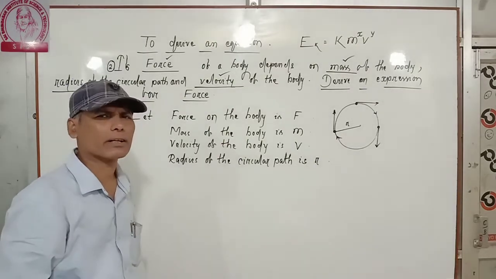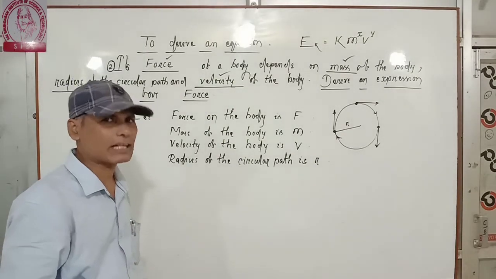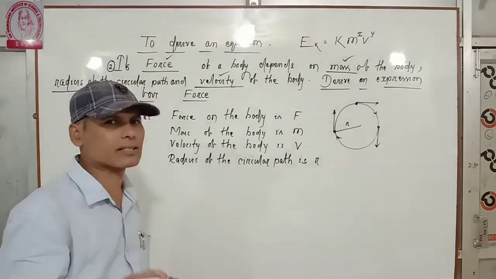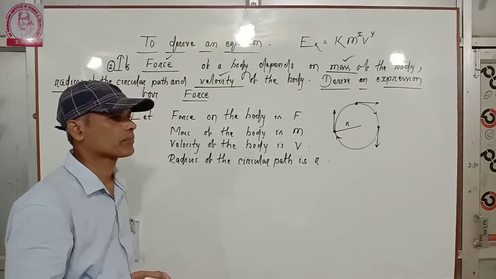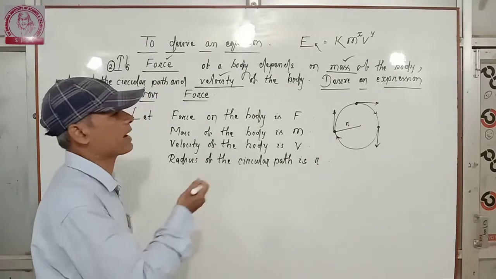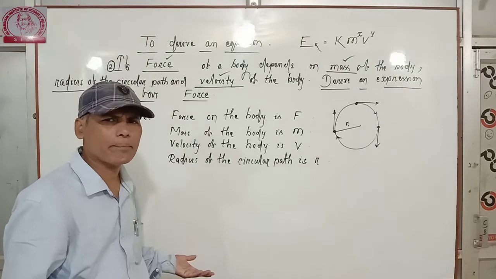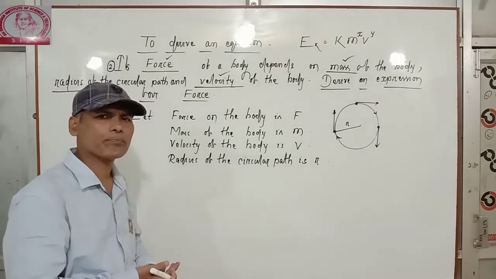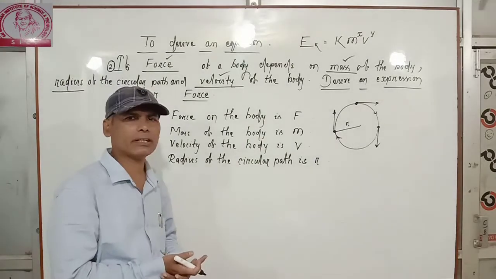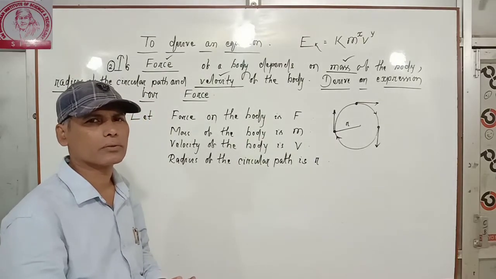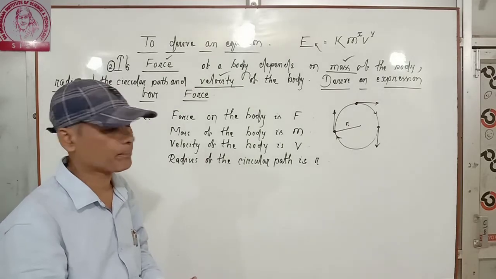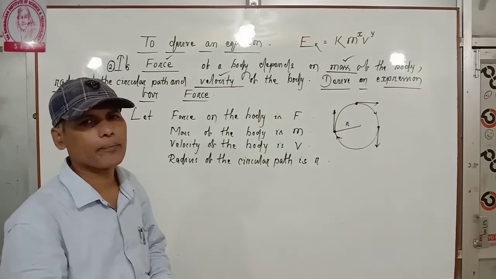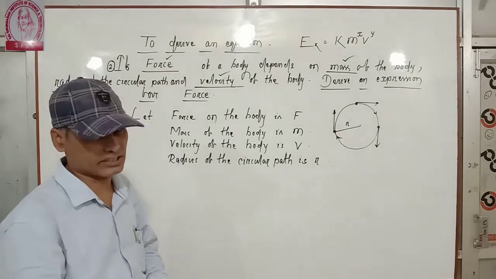It may be m square or 1 by m. That's why we generally use x as the power of m. If it is simply m, then x will be 1. The power of v, velocity, we will take as y, and the power of r we may take as z.